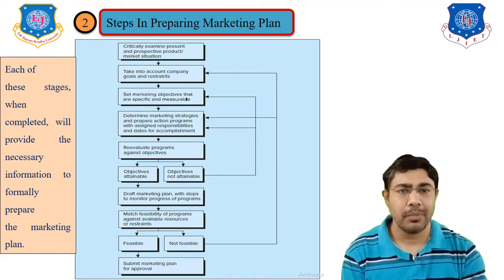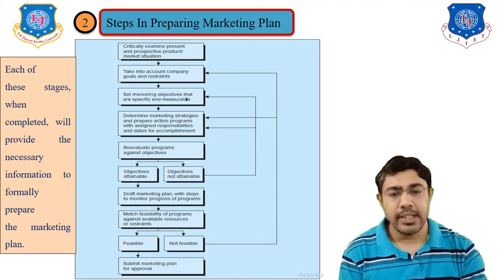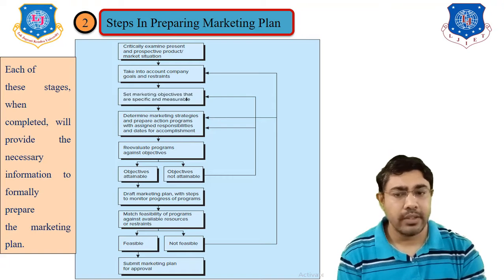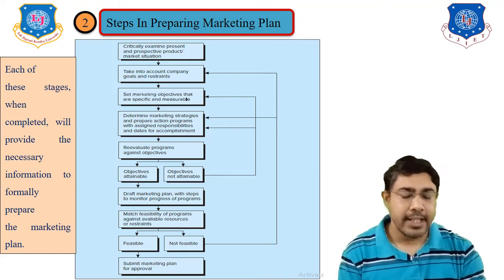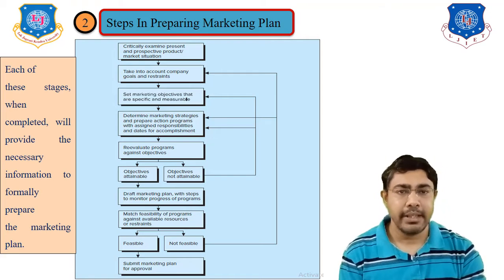So here I show a flowchart of the steps in preparing the marketing plan. In this flowchart, each of these stages, when completed, will provide the necessary information to formally prepare the marketing plan.